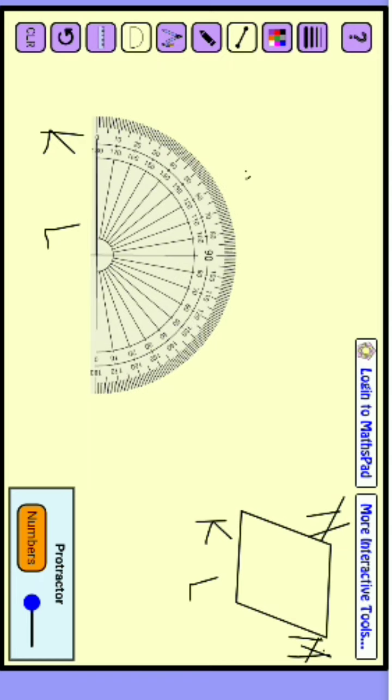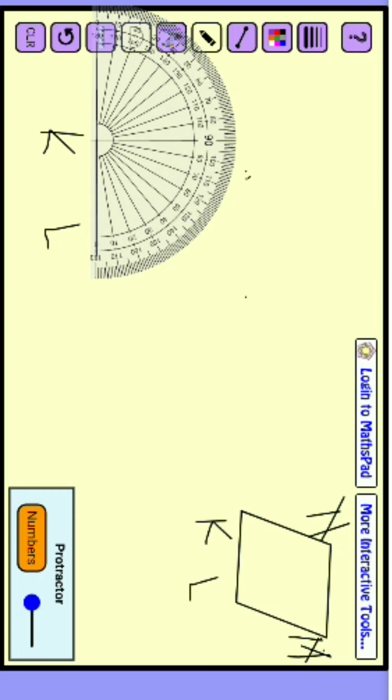Place it at point L. We have to draw the angle 105 degrees. So let's mark here. The angle K measures 75 degrees, so mark it at 75.